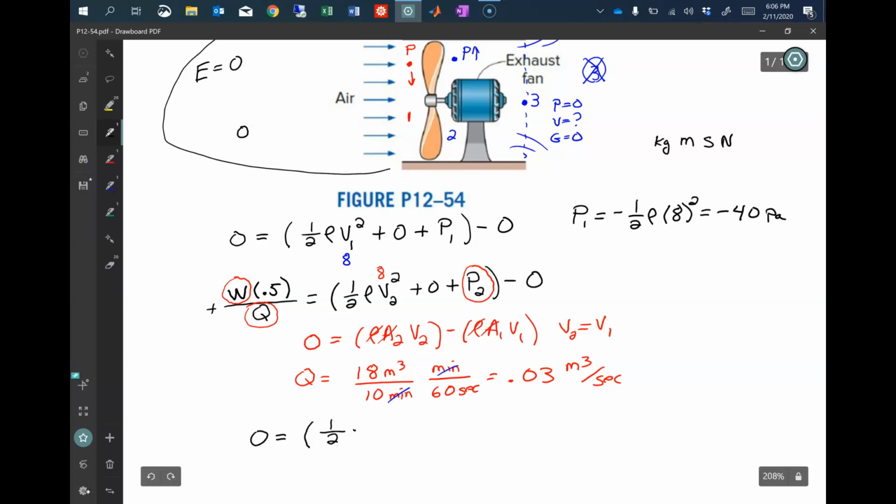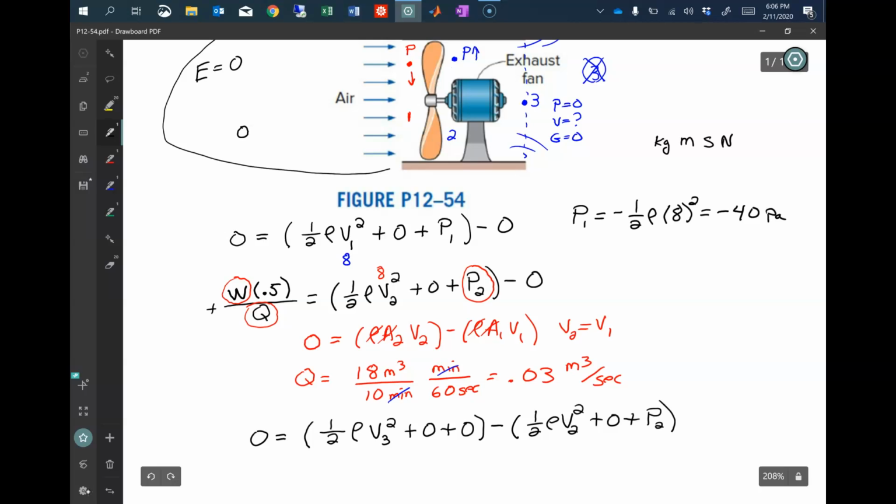But anyway, 1/2 density times velocity at 3 squared plus no gravity. And at the end of the fan, the pressure is atmospheric, so that's 0 pressure. And then at point 2, it would be 1/2 density times velocity 2 squared plus gravity plus pressure at point 2.